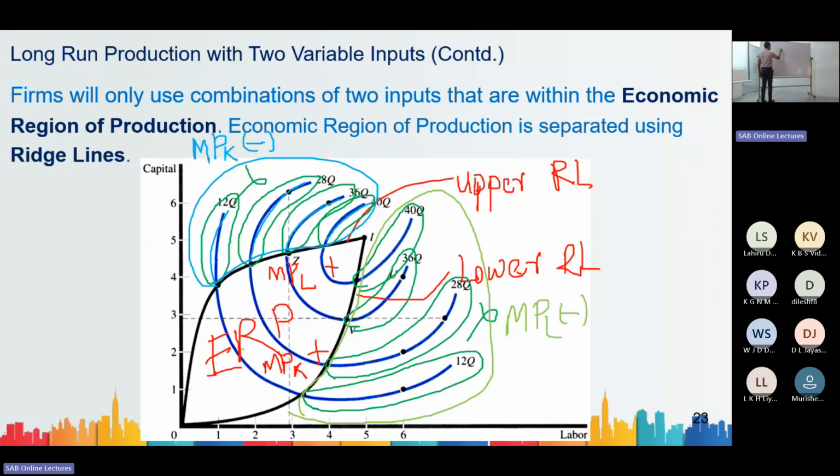At these points, marginal product of capital is zero.